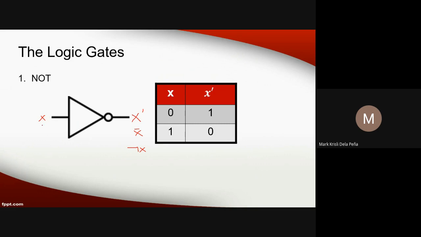If our input is 0, then our output is 1. If our input is 1, since it's negation, our output is 0. So that's the behavior of a NOT gate.